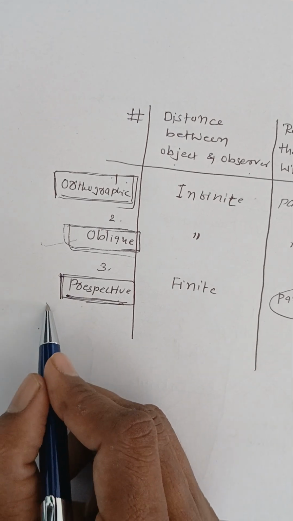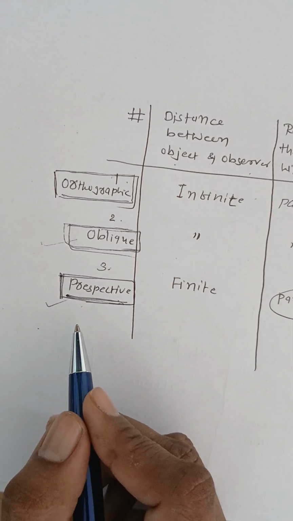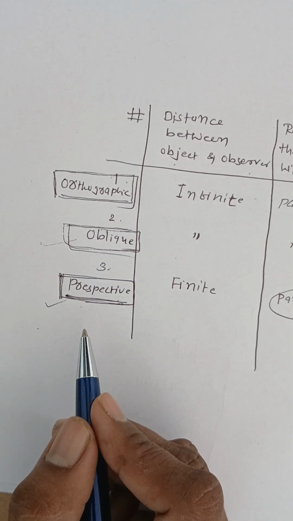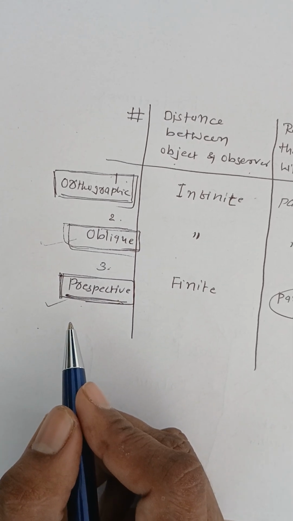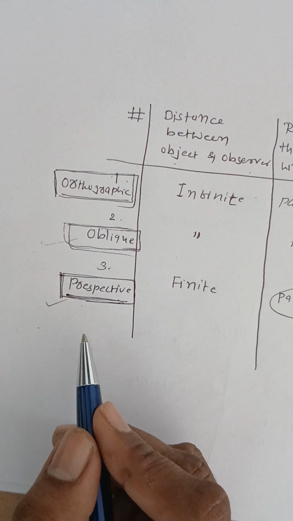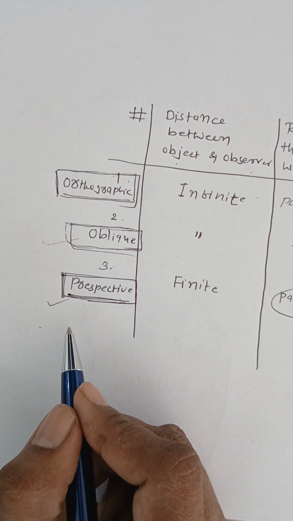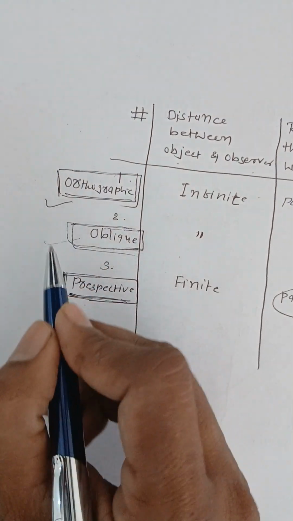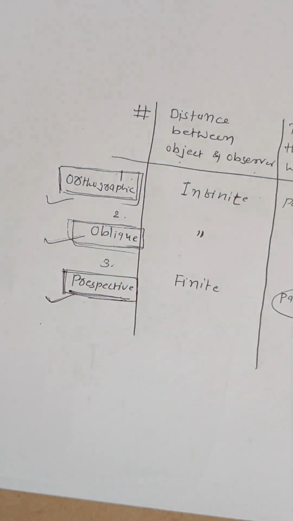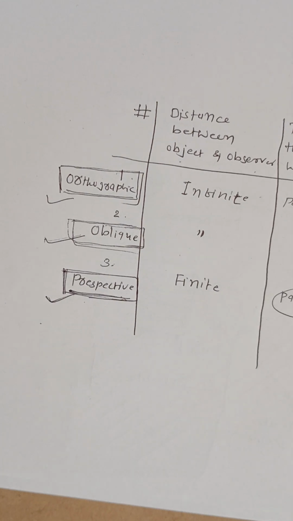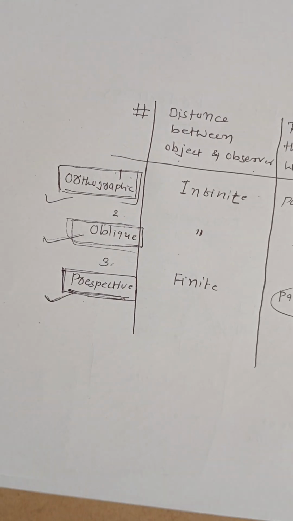In the classroom, projectors are used. The display of the computer is projected on the wall, that is an example of perspective projection. So these are the basic types of projection: orthographic projection, oblique projection and perspective projection.